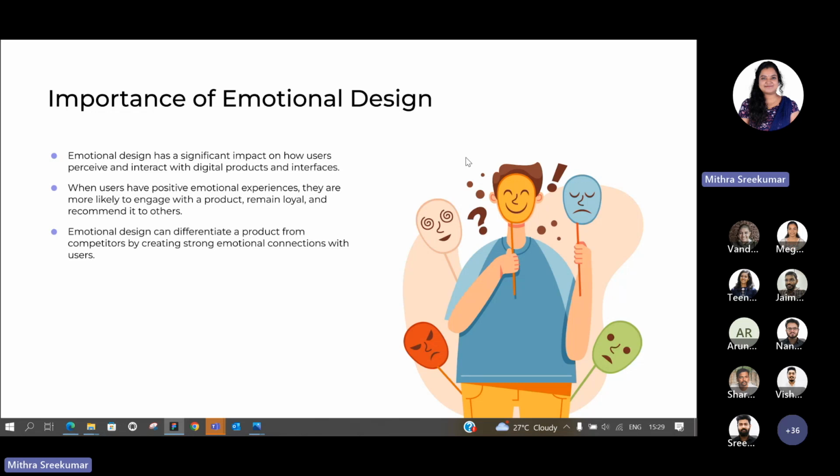As we have discussed this much, we can know how important emotions are in emotional design. Emotional design and the user experience are so correlated and interrelated, we know that. So emotional design has that much impact on users and how they perceive and interact with digital products.